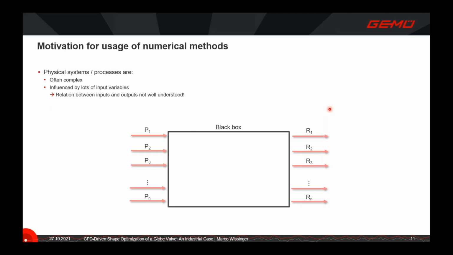Normally, physical systems and processes are quite complex. They are influenced by a lot of input variables, and the relation between these input variables and the outputs is often not well understood. So it's kind of a black box. And we often understand our valve body as such a black box.